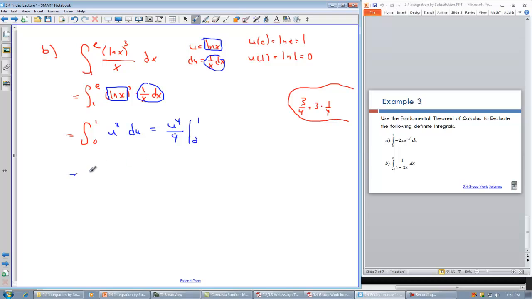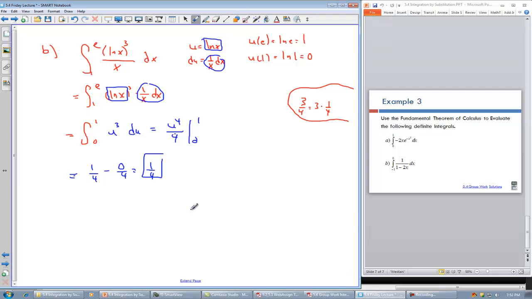So I'll plug in my limits of integration. I plug in 1, so I get 1/4, minus when I plug in 0, which is 0 over 4, so that's just equal to 1/4. So 1/4 is my answer for part B.